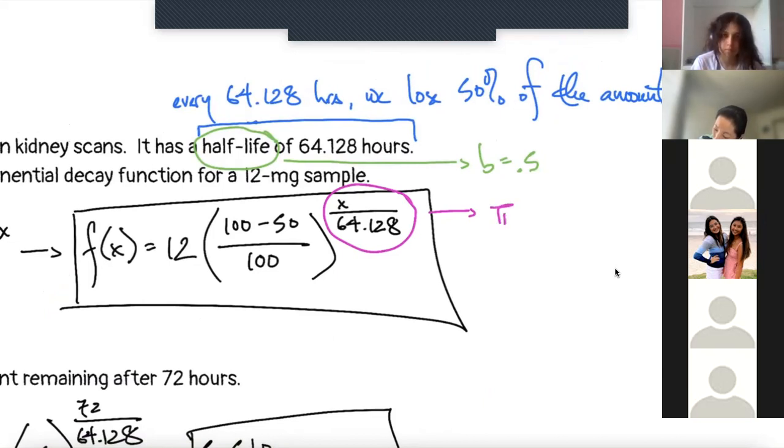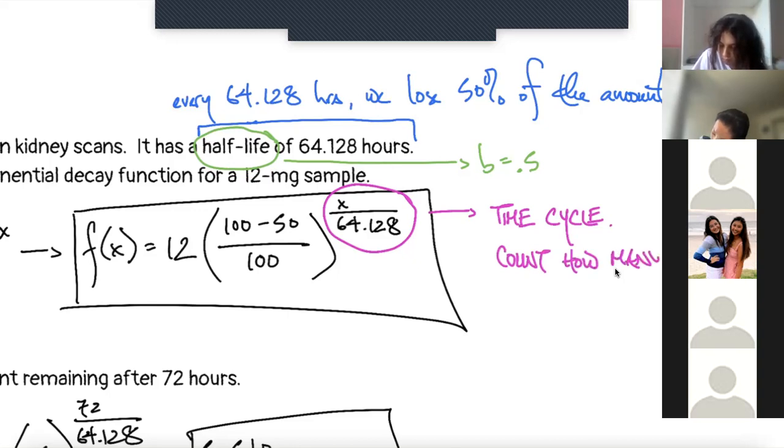We want everything in the pink to be a time cycle. What we mean by that is we're not counting in hours here, but we want to count in half-lives. We want to count how many half-lives.